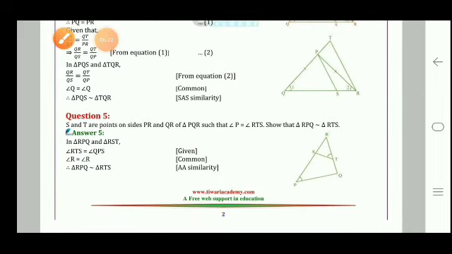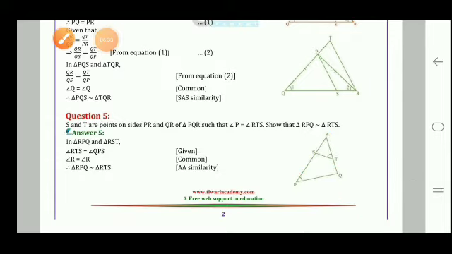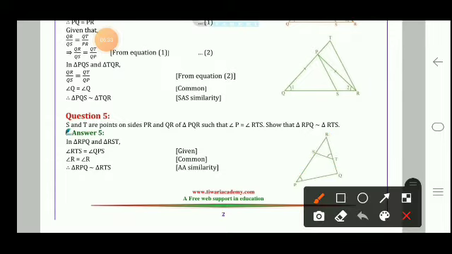Question number 5. S and T are points on the sides PR and QR of triangle PQR. It is given that angle P is equal to angle RTS. We have to show that the whole triangle RPQ is similar to triangle RTS.